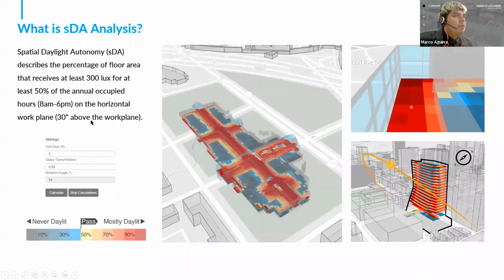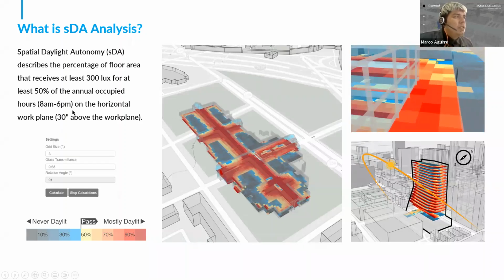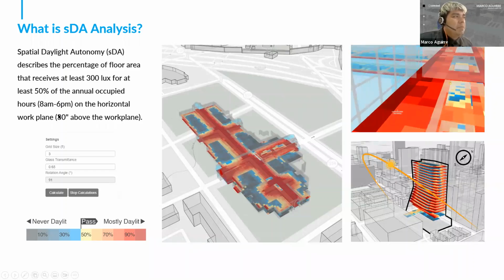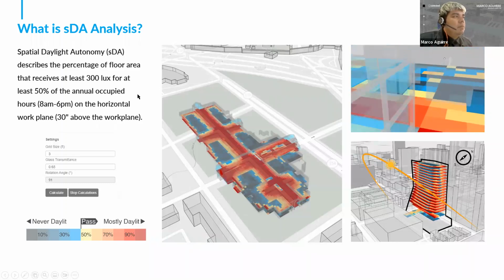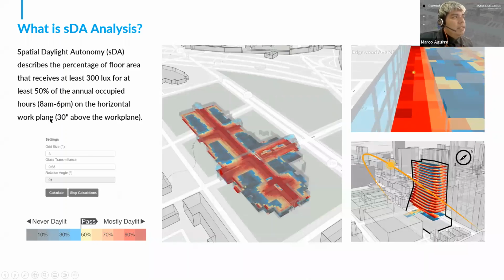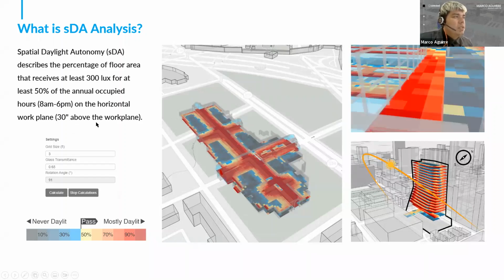And we only measure daylight for SDA during operational hours, and the typical operational schedule is 8 a.m. to 6 p.m. That's also not something that can be changed. And also the daylight map, or the plane where we measure the analysis, is 30 inches above the floor. So that's the work plane height.